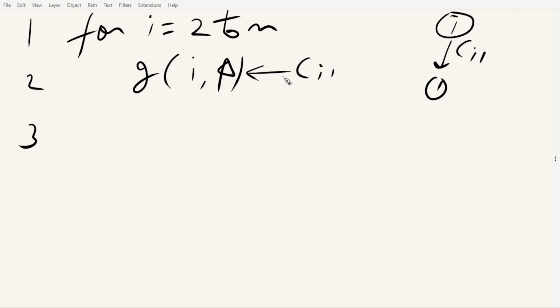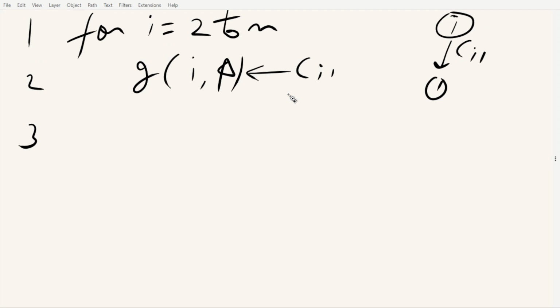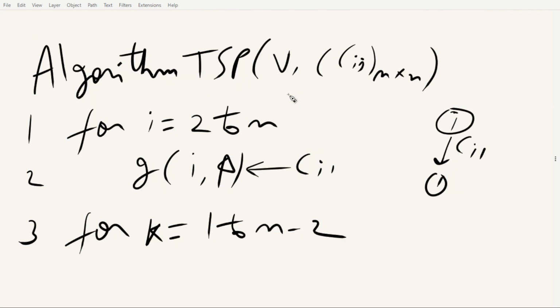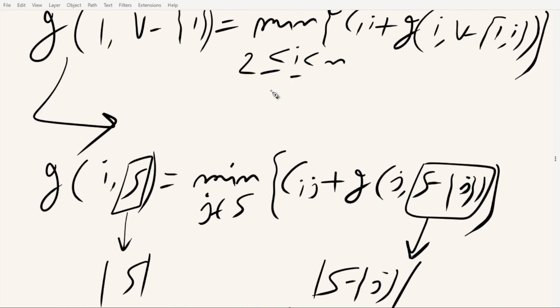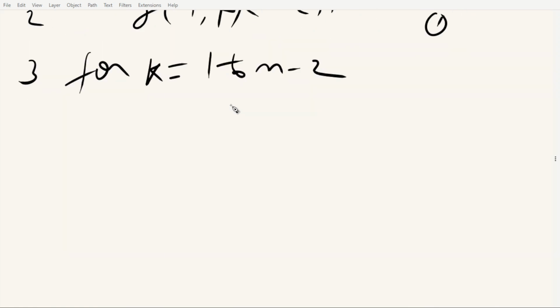Next we solve the next level of problems, of sizes starting from 1. So next we have a for loop, k equal to 1 to n minus 2. Actually we have to find up to n minus 1, but for n minus 1 only a single value is required, so we'll find it separately.